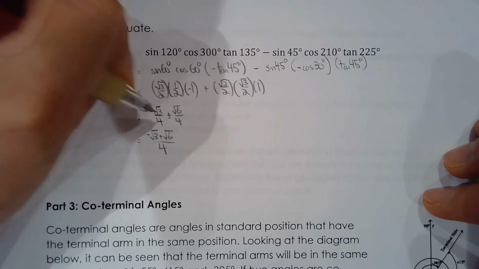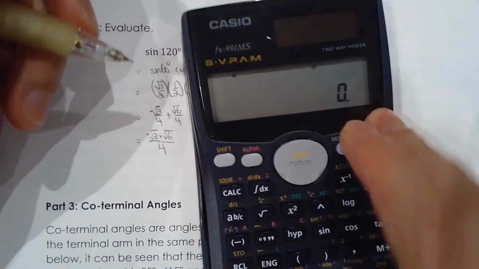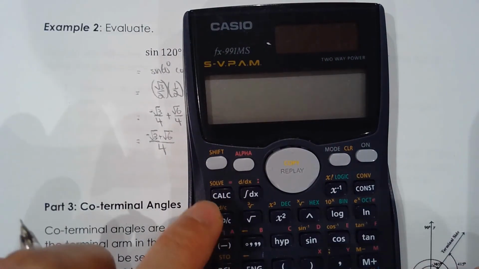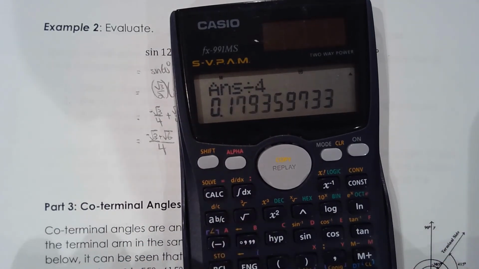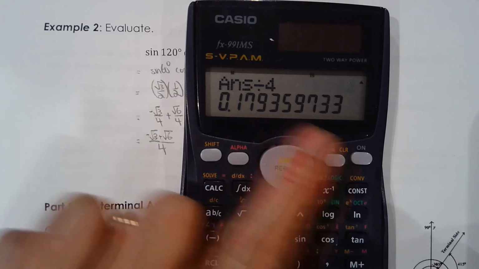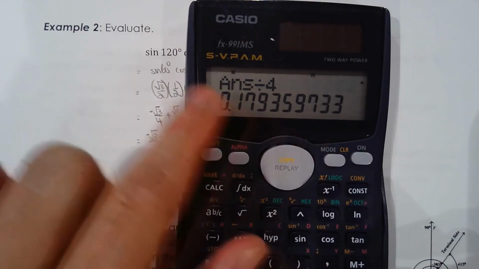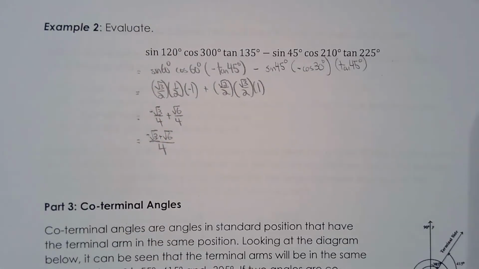Okay, let's see, negative root 3 plus root 6. There we go. You can check, but I remember the number. It's identical to what it was before. Ooh, close call.